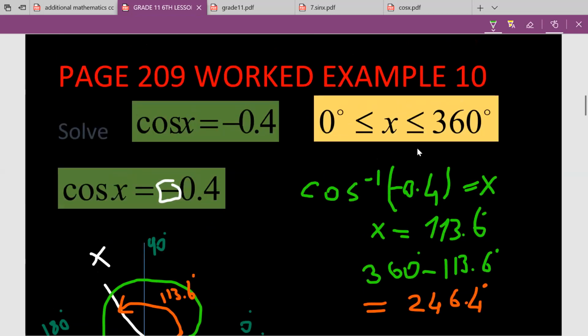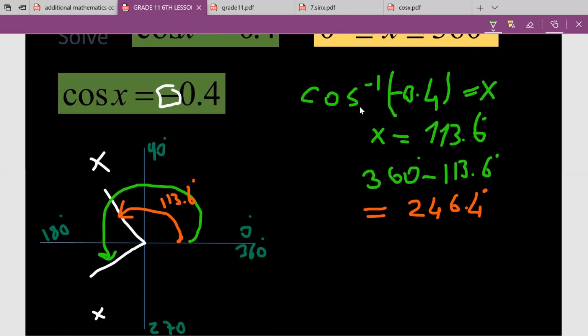Okay, here is the first way: use inverse cosine of negative 0.4, and from here the angle is 113.6 degrees. When you subtract from 360 degrees, you will find the second solution. This is for the cosine function for the negative one.